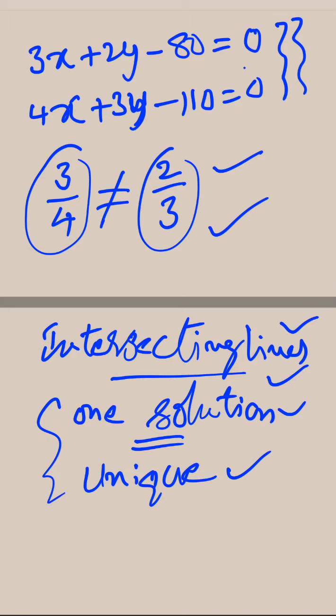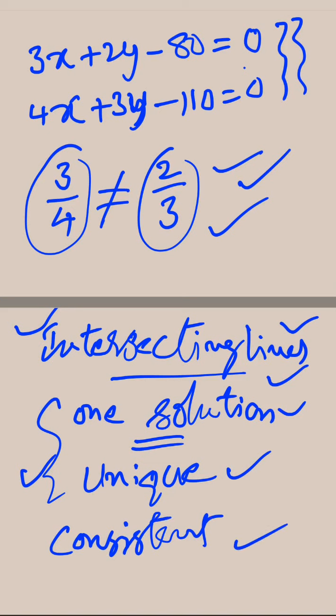If the condition a1 by a2 is not equal to b1 by b2 is satisfied, then we can say they are intersecting lines and it has a unique solution. And one more important thing is the given lines are consistent. If the lines have a unique solution, then we can say those lines are consistent lines.